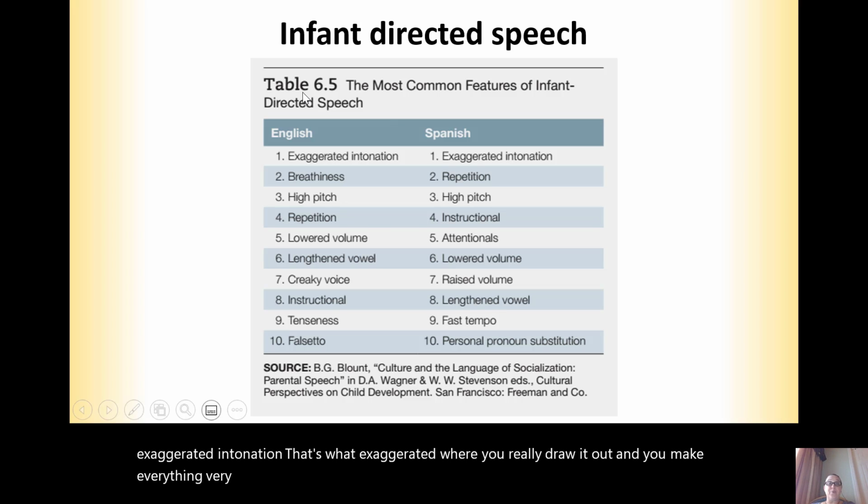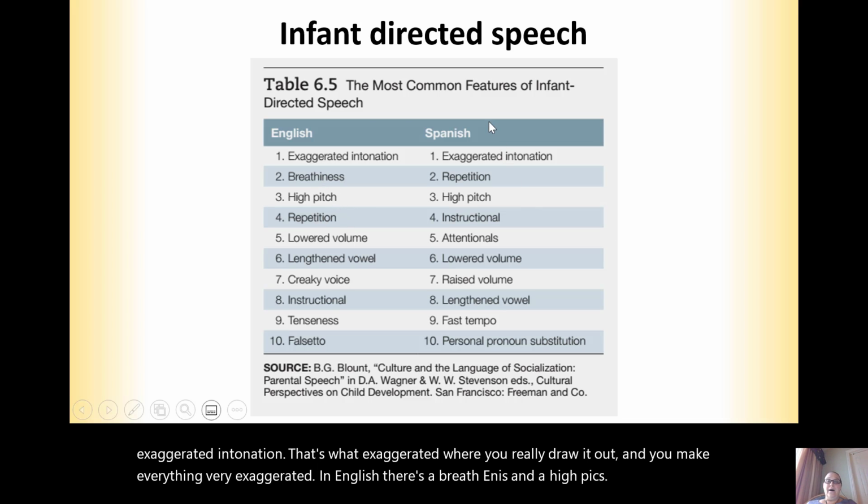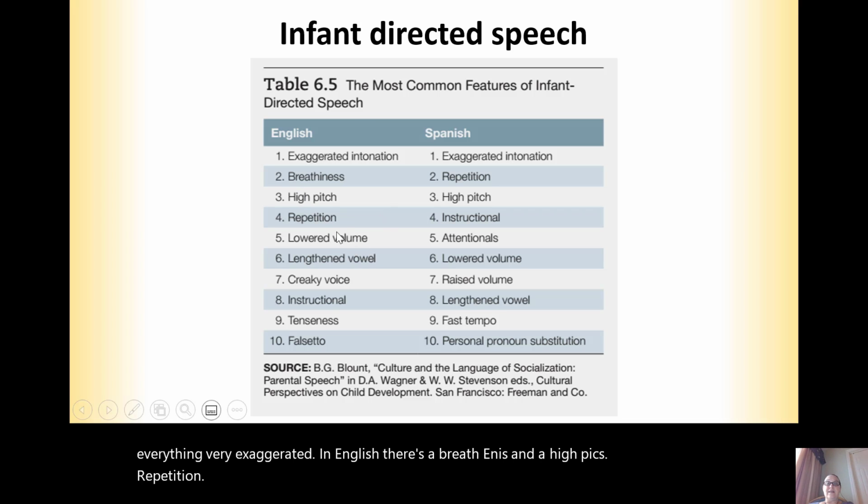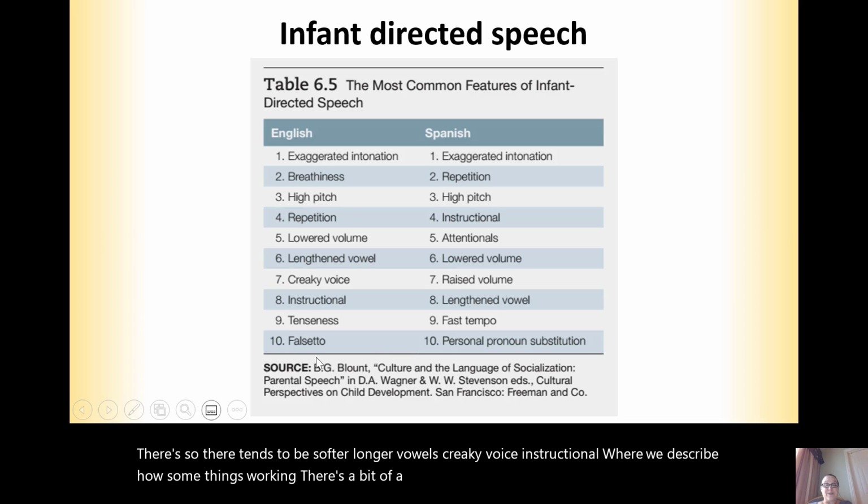In English, there's a breathiness and a high pitch, and repetition. There tends to be softer, longer vowels, creaky voice, instructional, where we describe how something's working. There's a bit of a tenseness in our voice.